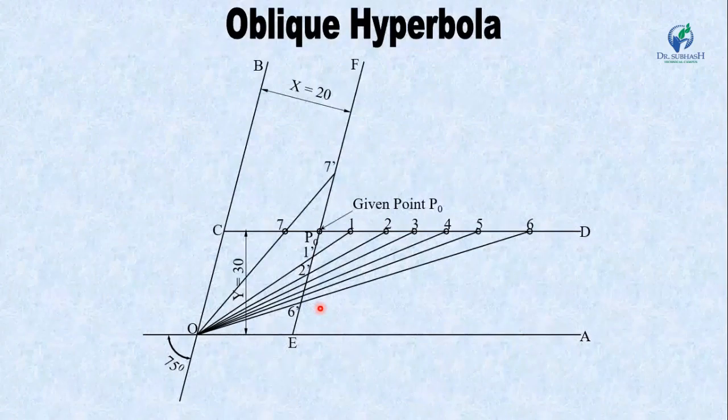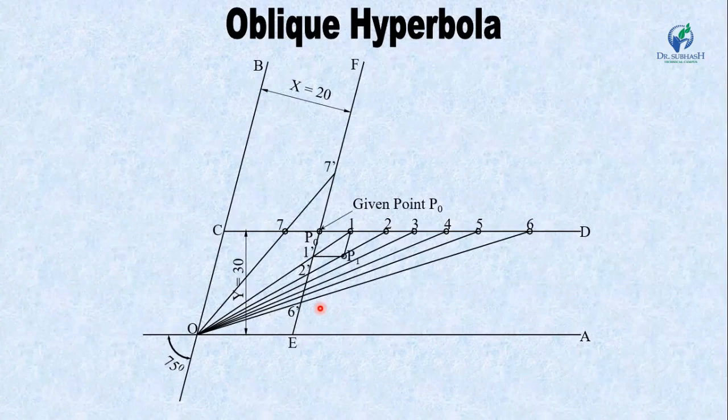Now from points 1 dash, 2 dash, 3 dash up to 7 dash, draw horizontal lines, and from points 1, 2, 3, 4, 5, 6 and 7, draw lines which are parallel to OB. You will get the point P1.